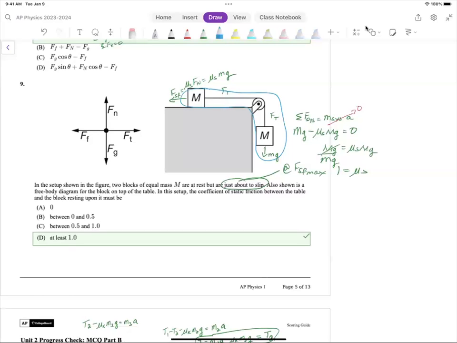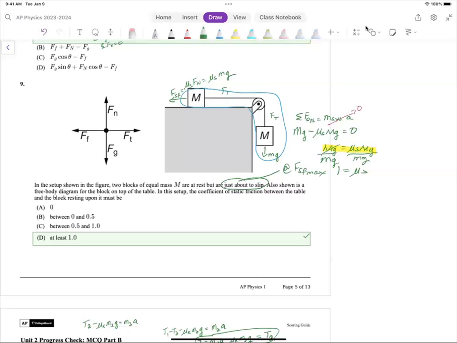Well, that happens to be capital Mg. And because I'm just about to slip, the acceleration is 0. Okay. So I can rearrange that, and I'll have mg equals mu s Mg. I've rearranged that there, and then I've divided both sides by Mg.